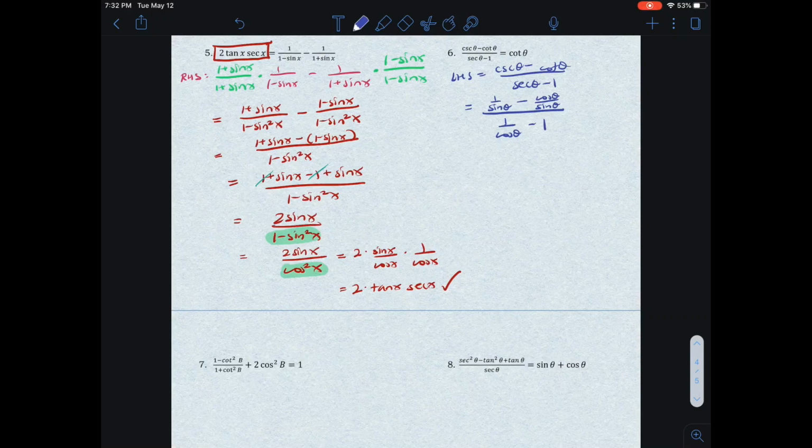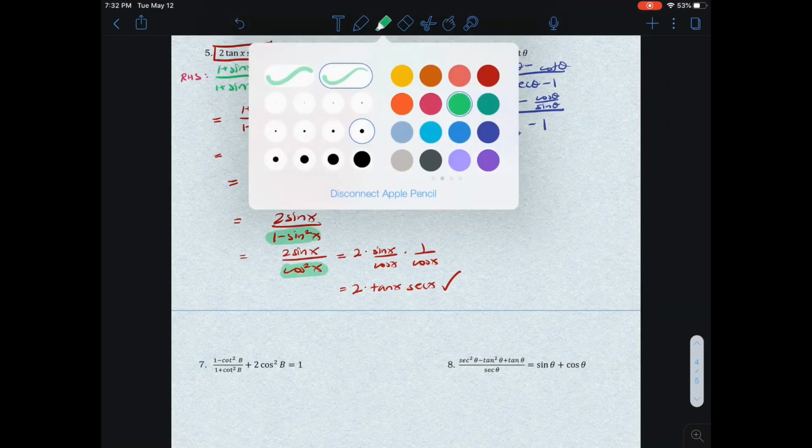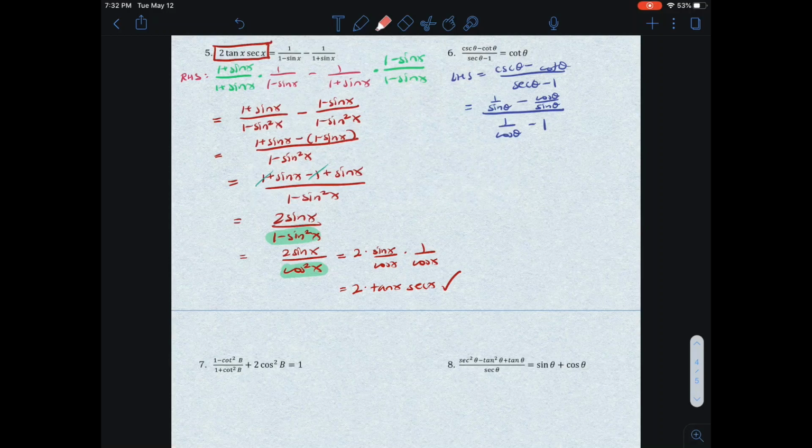Now from here, what we have is a complex fraction. We have a fraction within a fraction. And so the way I'm going to do that is I'm going to just do these one at a time. So what I mean by that is I'm going to first start with the numerator here, okay? If I simplify just the numerator, do you notice that they have the same denominator? So I can combine those into one fraction. I'll be left with 1 minus cosine of theta over sine of theta.